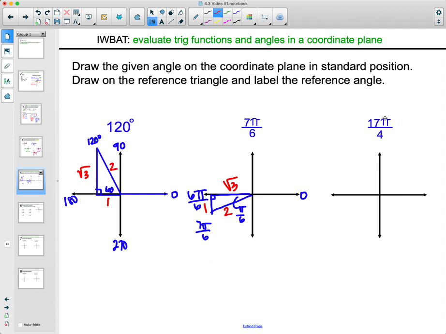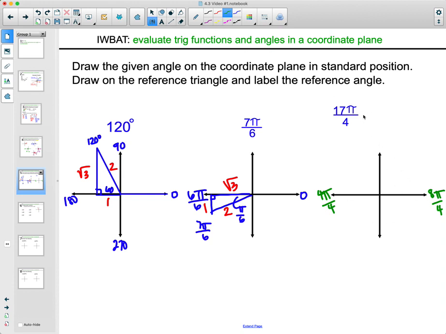17 pi over 4. Okay, this one is much larger than 2 pi. Remember that this would be 0, pi, which I'm going to call 4 pi over 4 since we're in fourths. Then this would be 8 pi over 4, the same as 2 pi. What I would do is subtract off rotations of 2 pi until you get on this coordinate plane from 0 to 2 pi.